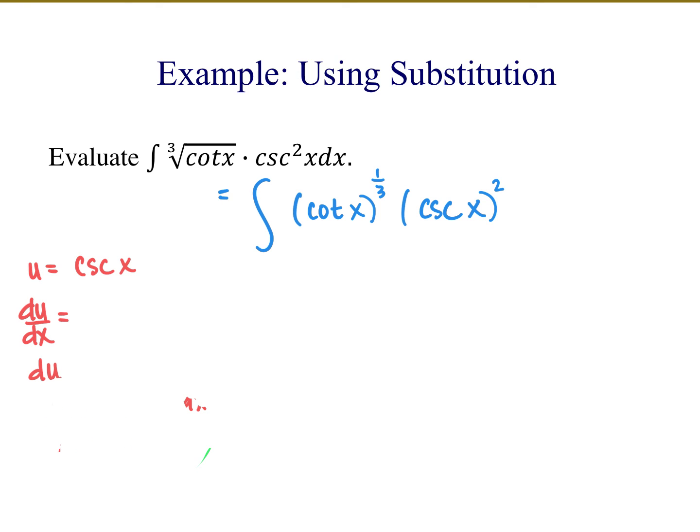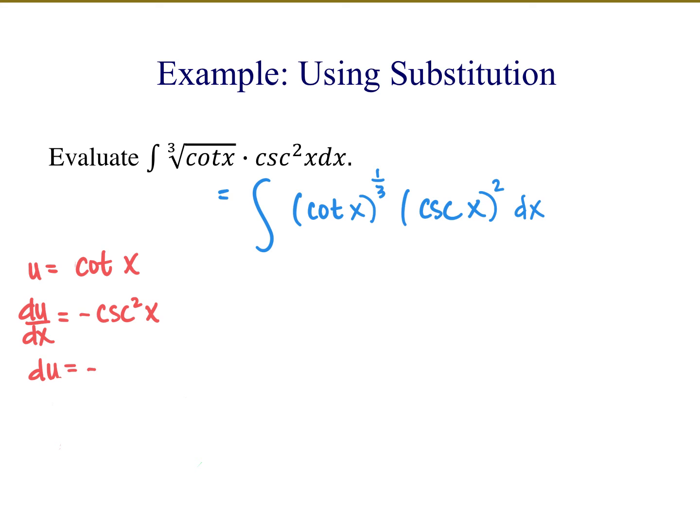Choosing cosecant wasn't the right choice, so can we choose the other thing, which would be cotangent? So let's try that. Choose cotangent. What's the derivative of cotangent? Negative cosecant squared of x.